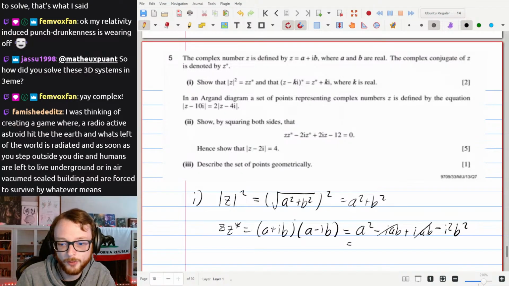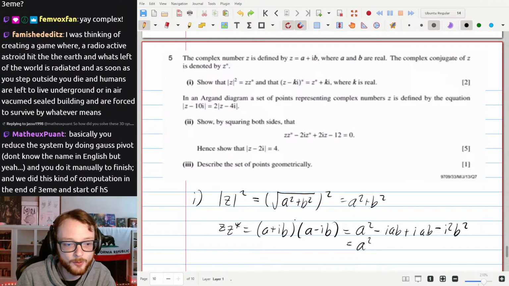These two terms in the middle cancel. We get an a squared. i squared is -1, so that minus flips to plus. So plus b squared. Therefore, these two things match, so they're equal.